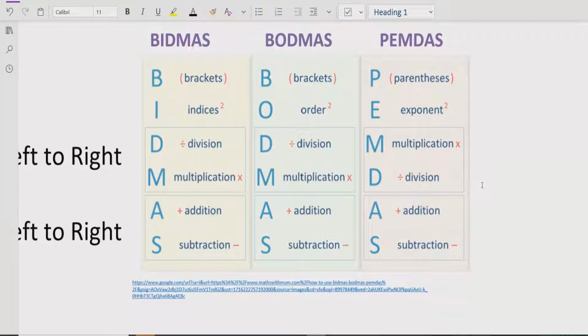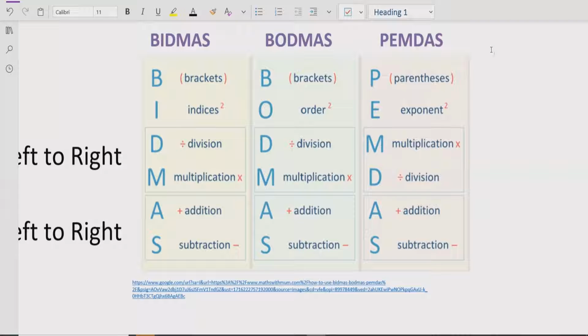These rules say that if your expression has any bracket, like the rounded bracket, or you can say curly bracket or square bracket, you have to solve that part first in the expression.